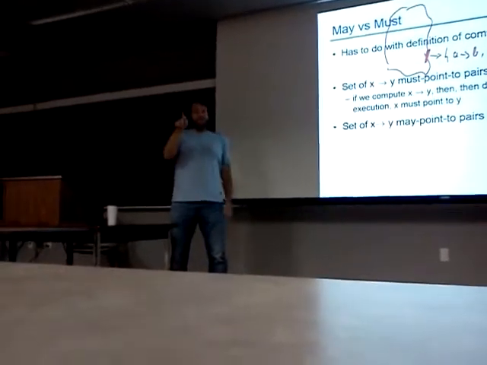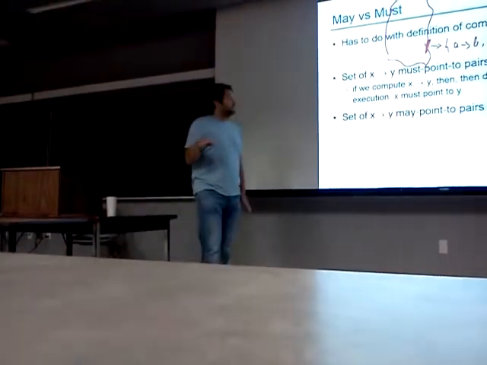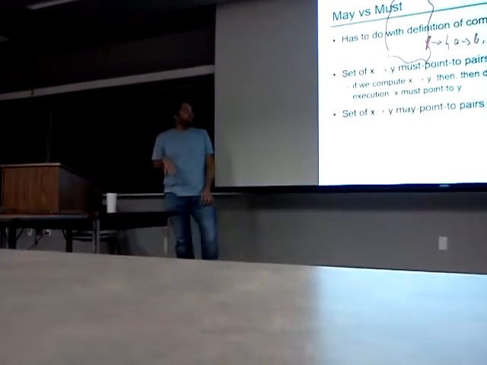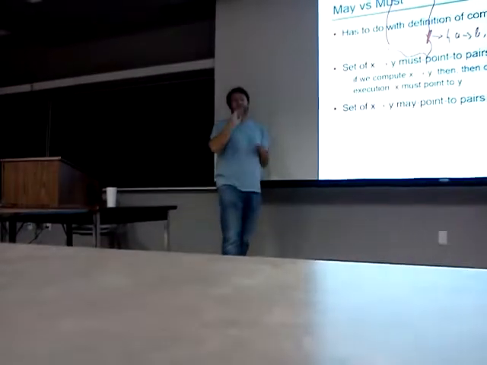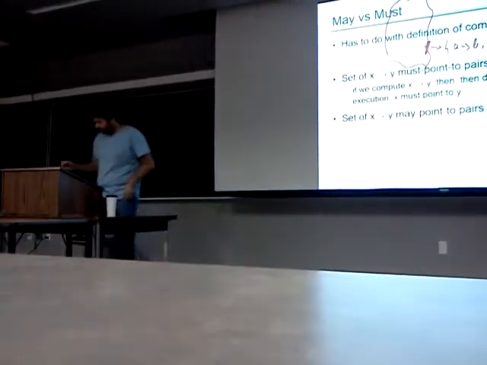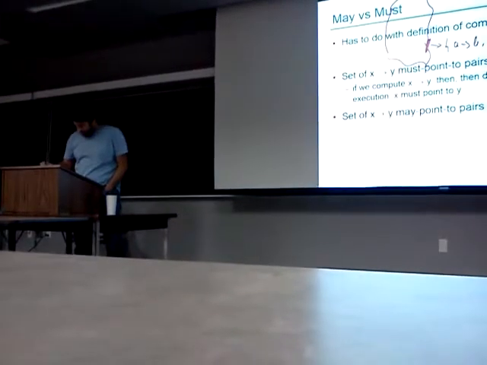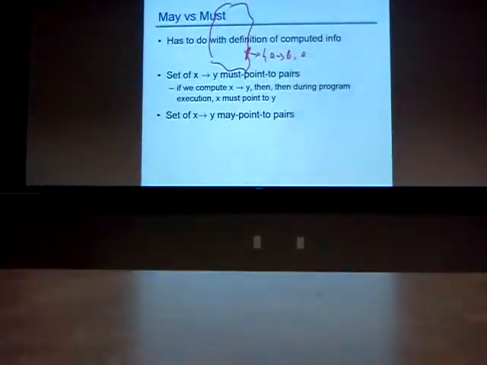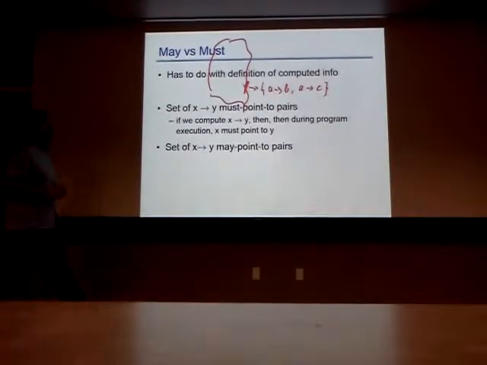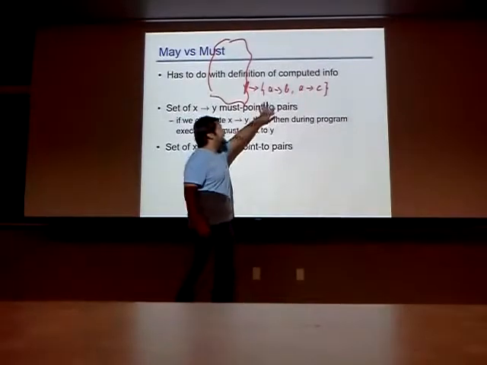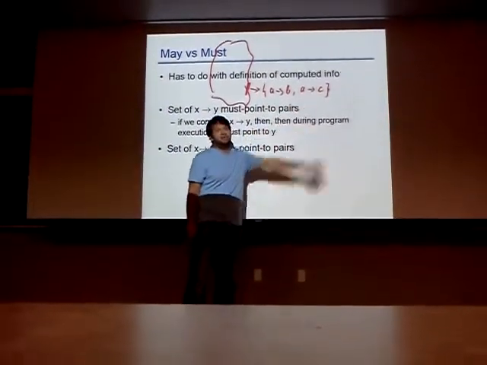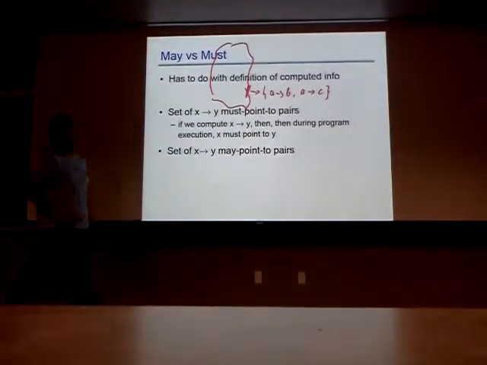That's an insightful observation, which we'll get to in a second. Let me restate the observation that you're making. Suppose the information we're computing is something like this. If this is may point to information, it says that A may point to B and A may point to C, and you don't know which one it is.